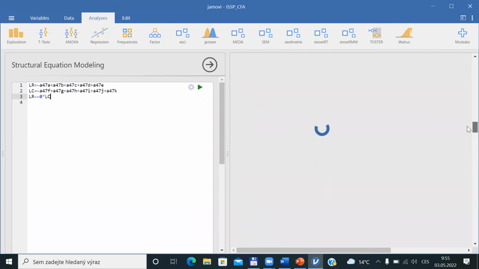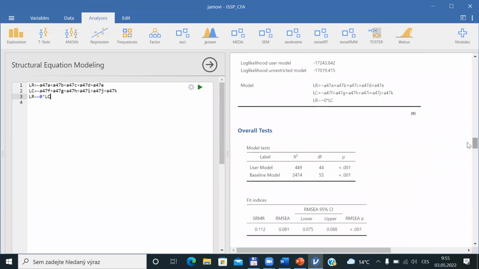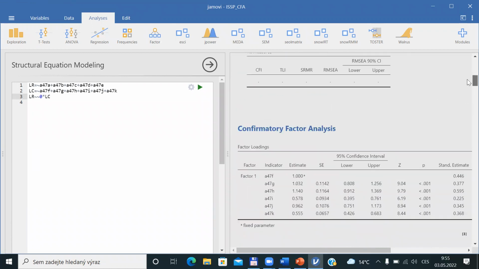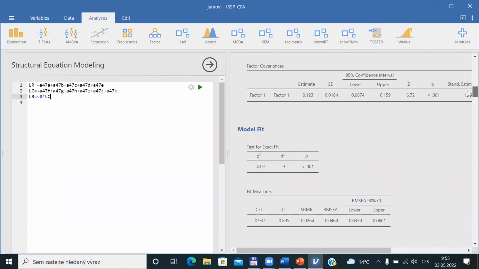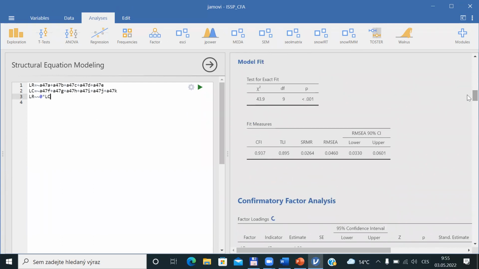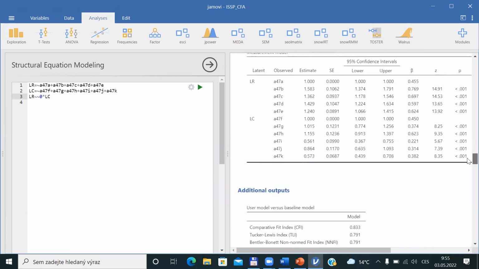So I would maybe go further and evaluate this model. Maybe in a few seconds it will be fixed as we changed the scaling, and it should be available here, but not in my JASP, unfortunately. I don't know why, but here we have at least some values. No, still not.